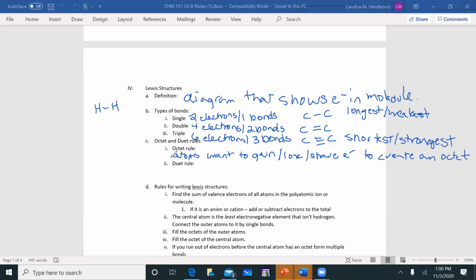There is an exception to the octet rule, and that's the duet rule. So hydrogen and helium, like 2 electrons.